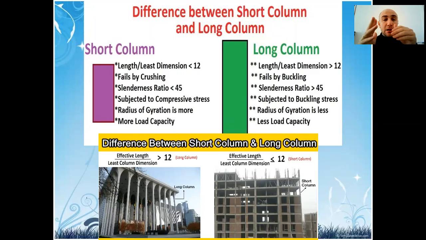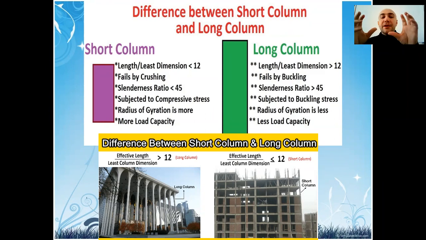Short columns can fail because of crushing. Long columns can fail because of buckling, while short columns do not fail by buckling.